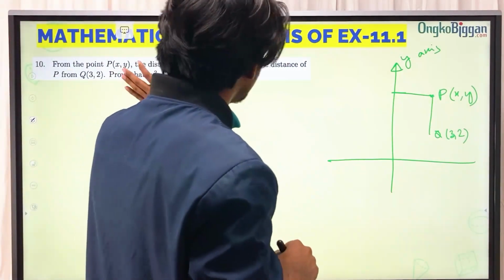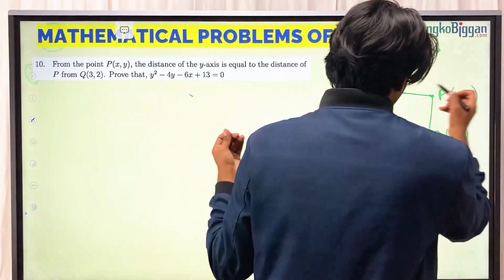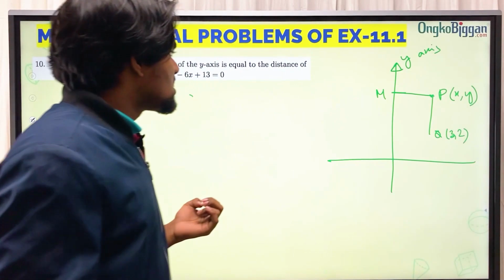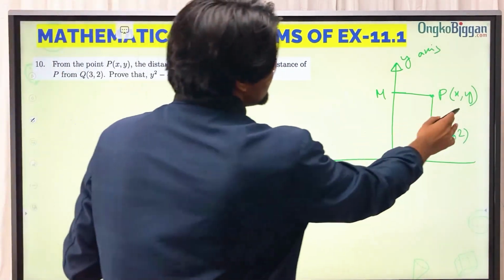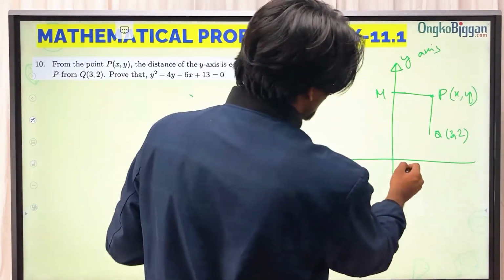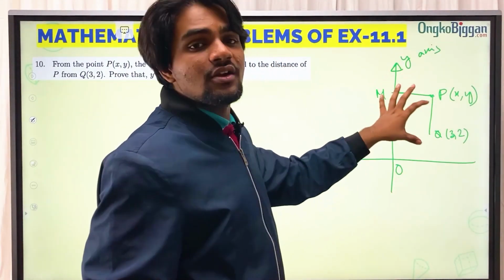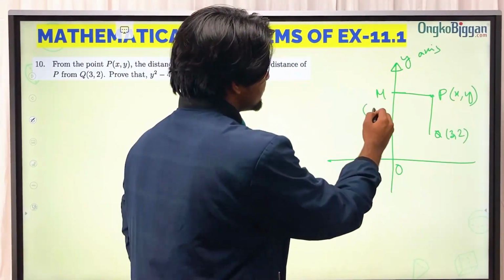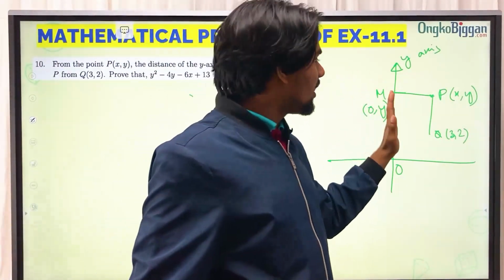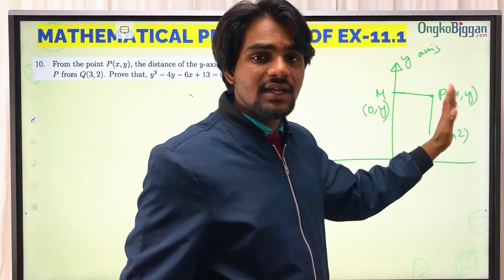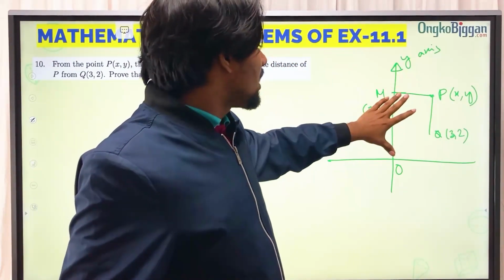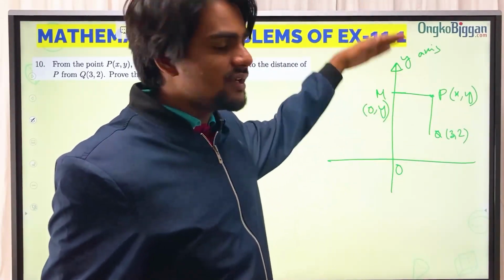Okay, so now we need to prove this. We name it PM and we get PQ. If this is x and y, the coordinate of M will be (0, y), because we haven't moved in the horizontal direction, but we have moved a distance of y in the vertical direction.